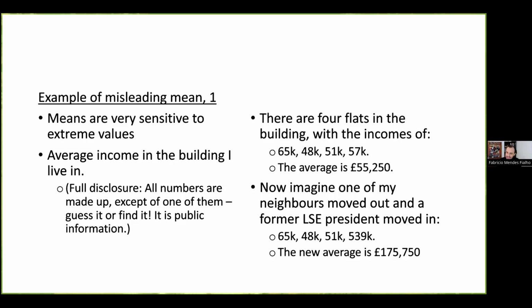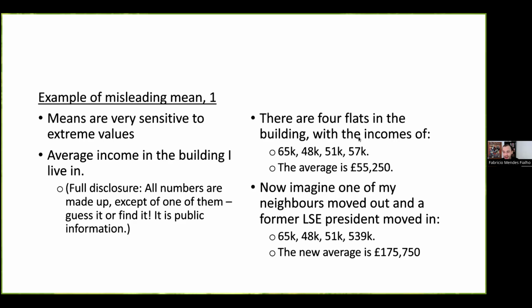And in these flats, I magically found that the income in each one of those flats are these numbers here. In flat 1, my neighbor makes 65,000 pounds a year. One of my other neighbors makes 48,000 a year. The other one makes 51,000 a year. The other one makes 57,000 a year.